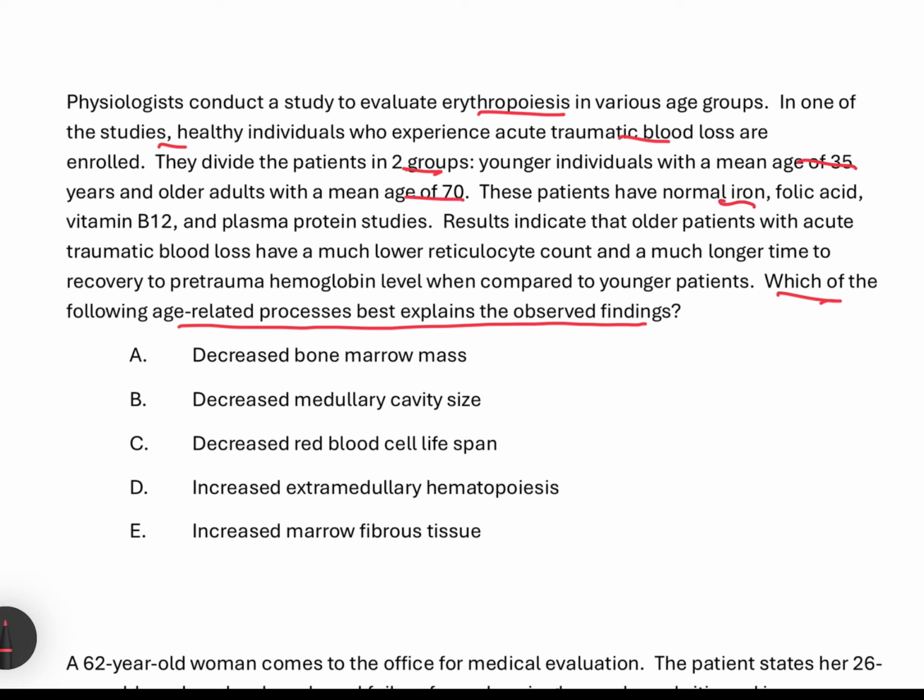These patients have normal iron, folic acid, vitamin B12, and plasma proteins. Results indicate that older patients with acute traumatic blood loss have a much lower reticulocyte count and a much longer time to recover to pre-trauma hemoglobin level compared to younger patients. Which of the following age-related processes best explains this?